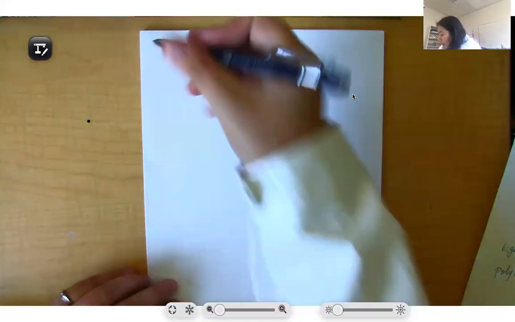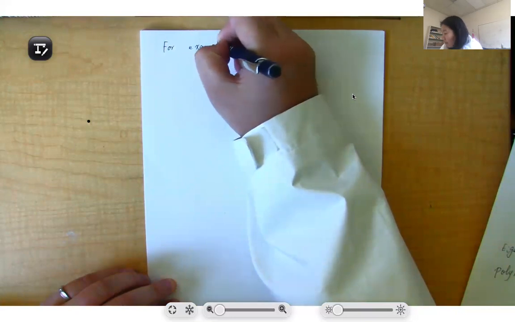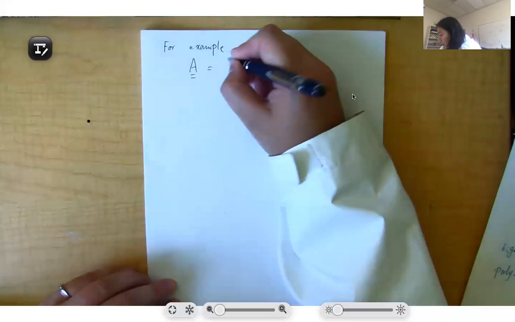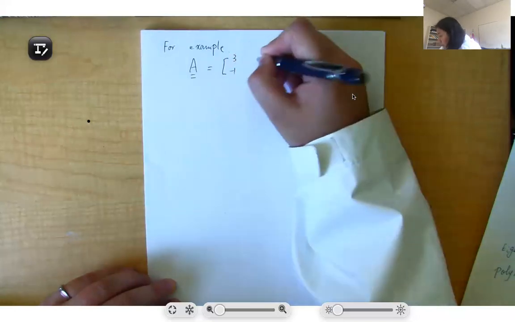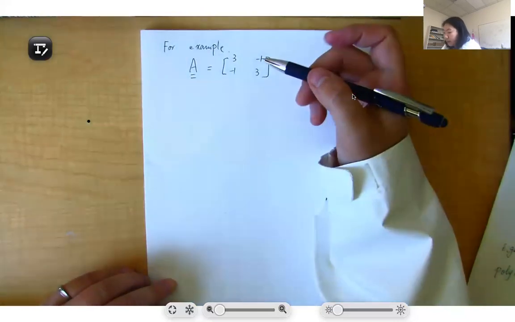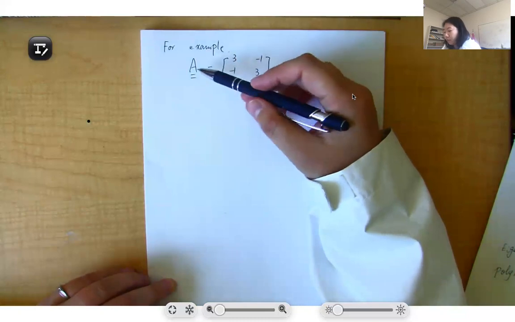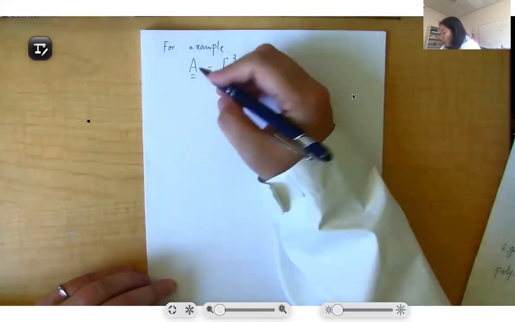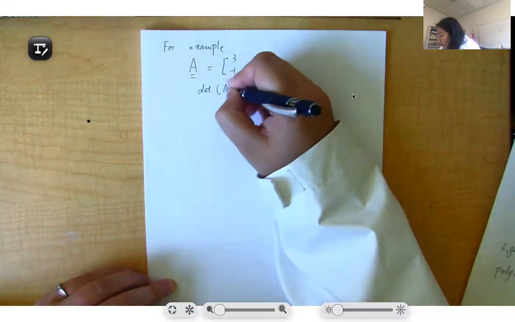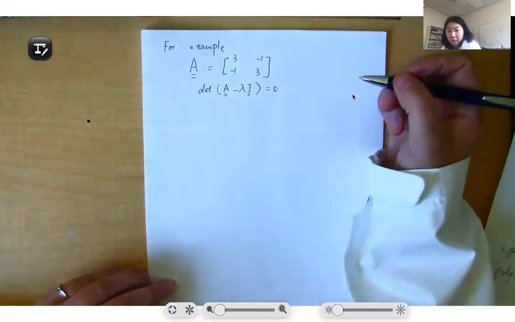So let's make an example. For example, you have a 2D matrix, where A equals 3, minus 1, minus 1, 3. In order to get the eigenvalues and eigenvectors for the system A, you have to have the determinant of A minus lambda I equal to 0, right?